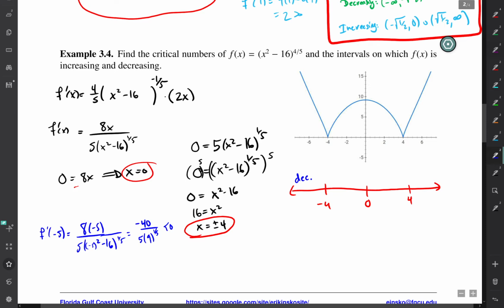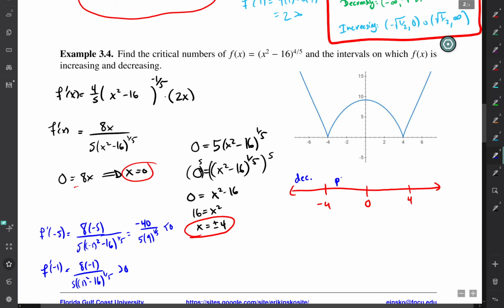If you plug in a value between negative 4 and 0, like negative 1, then you get 8 times negative 1 over 5 times (1 minus 16) to the 1/5. That's a negative over a negative, so it's actually going to be positive.